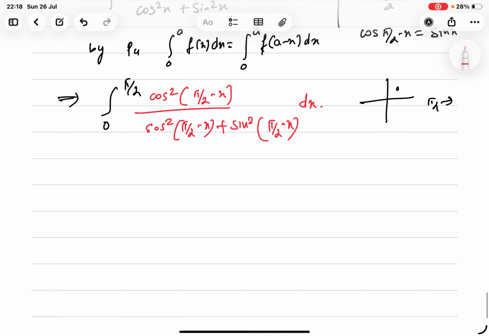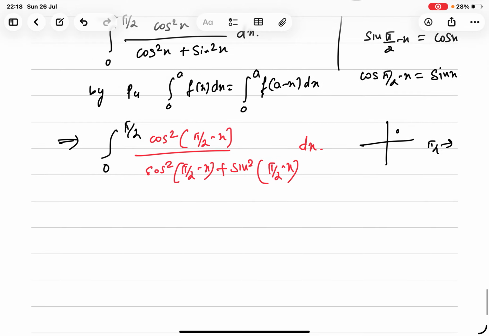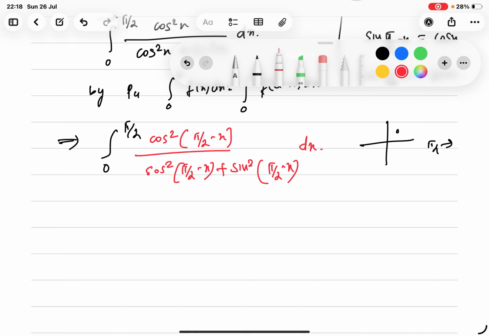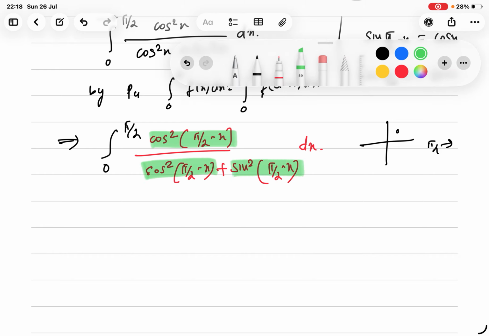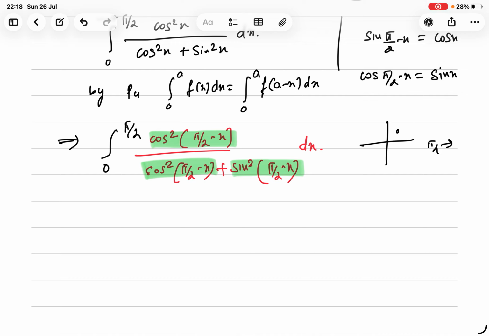Now you know the value of cos(pi/2 - x). Whatever the value is there, you have to replace it with a sine: cos(pi/2 - x) value, and sin(pi/2 - x) value. Now you have to write this value as sin square x, this value as sin square x, and this value as cos square x.